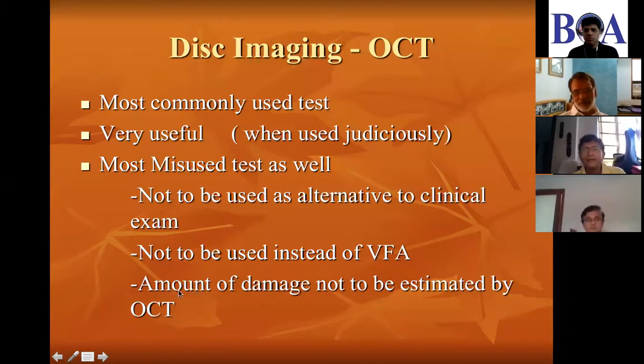Many times it is used as an alternative to visual fields because both the doctor as well as the patient don't like visual fields, but you cannot determine the amount of damage on OCT, which is very necessary to decide your treatment strategy. So you have to have a visual field to correlate with your OCT.